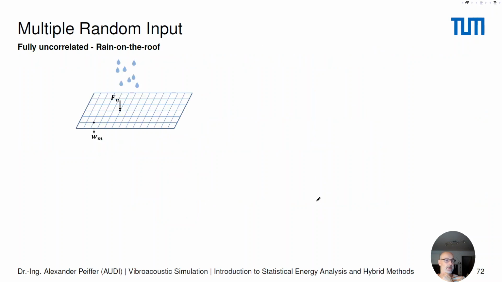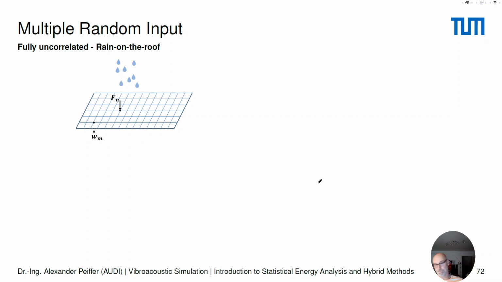Let's come to some examples to bring some insight. What are typical versions of random excitation? A classical and often used example of totally uncorrelated excitation is rain on the roof. When you have a plate, the drop hitting the plate here has no correlation with the drop hitting there.